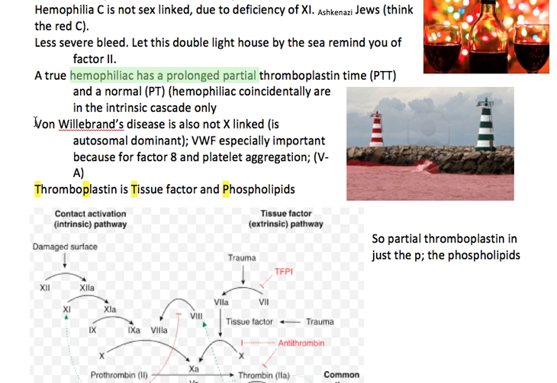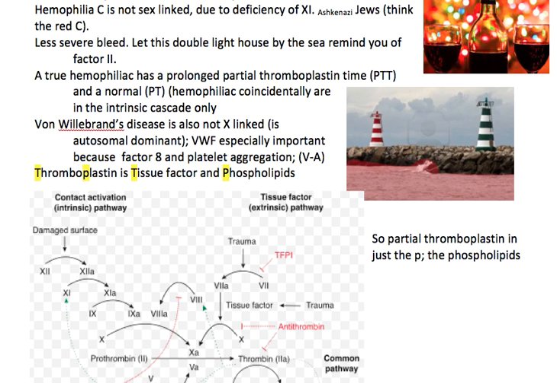All right. So lastly, we have von Willebrand's disease. It is also not X-linked, just like hemophilia C. It is autosomal dominant. But von Willebrand's factor is especially important because it's a cofactor for factor 8, and it is also important for platelet aggregation.